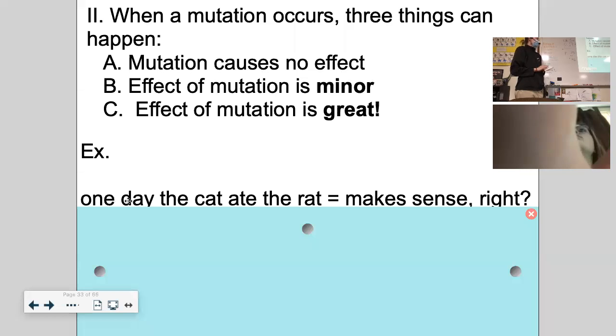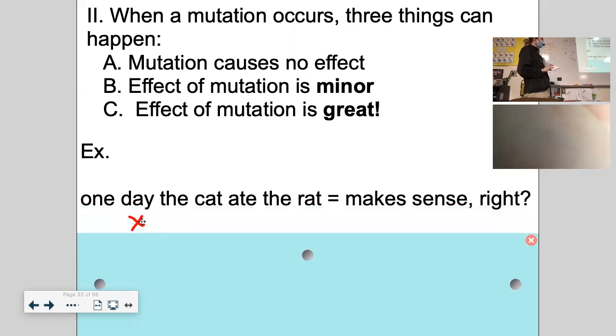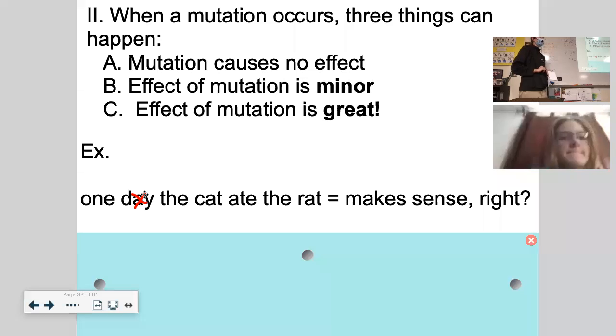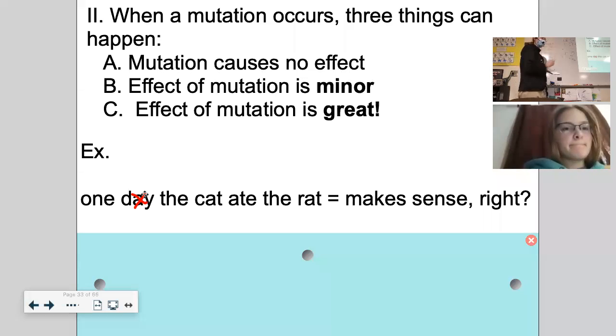So let's take a look at this sentence here. One day the cat ate the rat. Notice it's a sentence. It makes sense in that every single word is three letters long, kind of like a codon and how it codes for a protein or amino acid. Now, what if we take out the letter A?